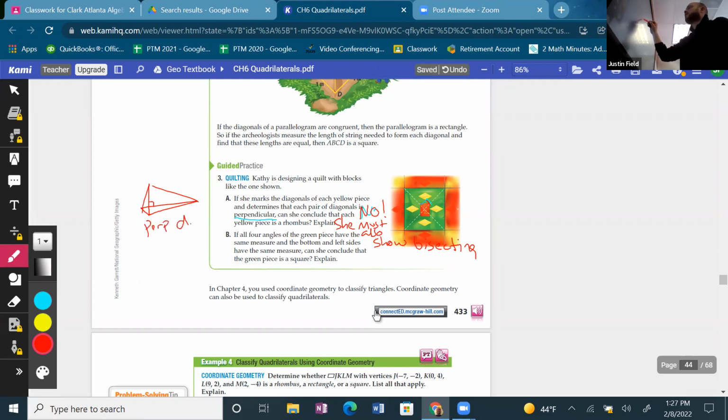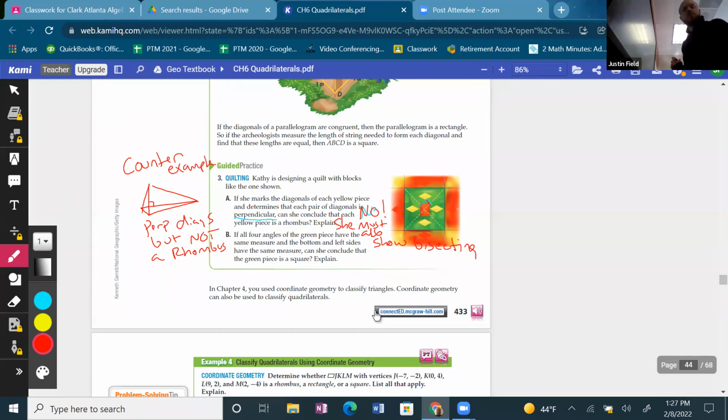Perpendicular diagonals, but not a rhombus. Does anybody remember what kind of example this is called? This is called a counterexample.